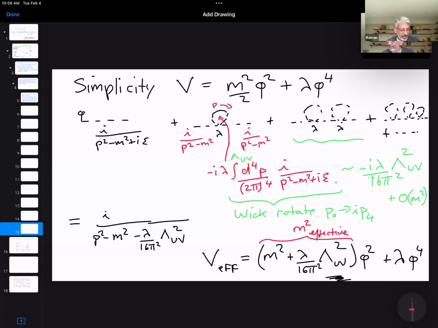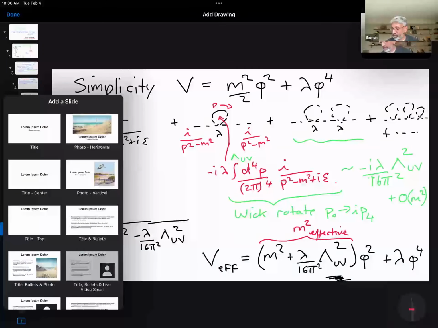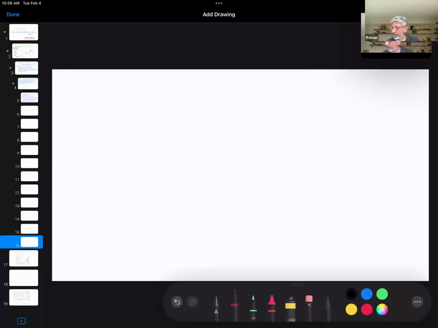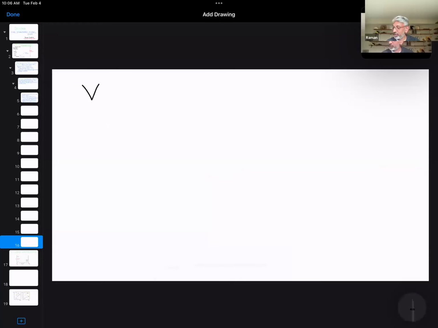And you can see it's the sum of these 2 terms, right? So similarly, in the electroweak theory, with the Higgs, quantum mechanical corrections will typically look like some function of standard model dimensionless couplings times lambda UV squared.